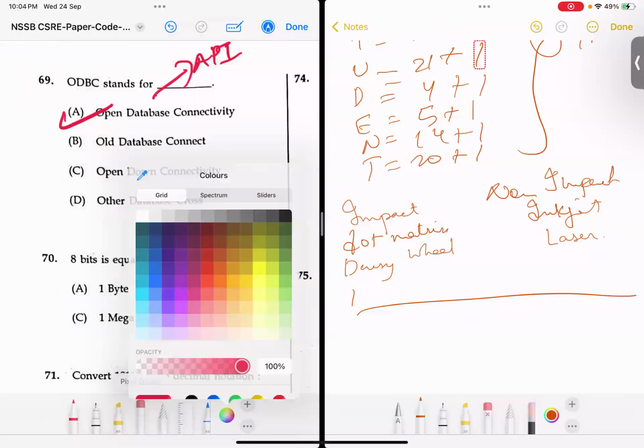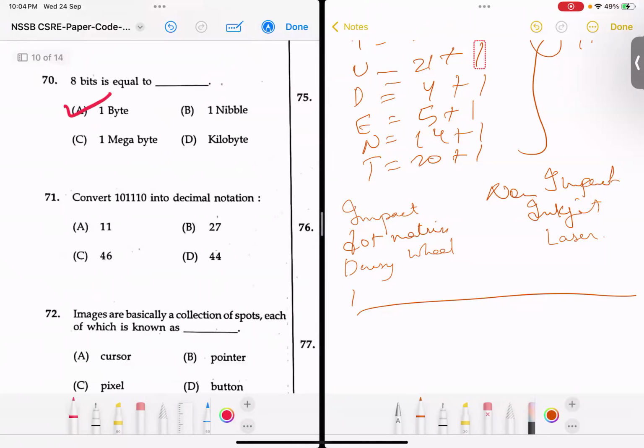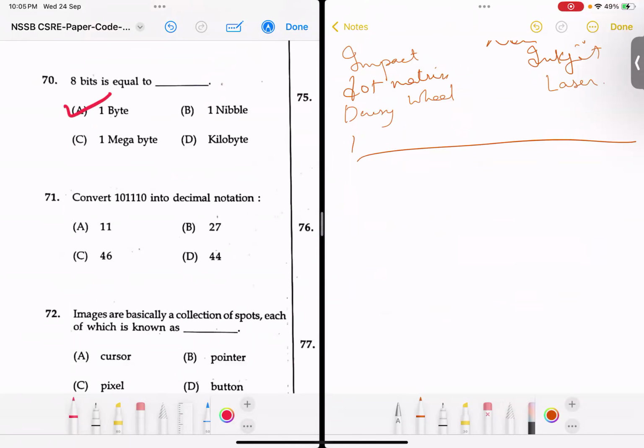8 bits is equal to 1 byte, as we all know. Convert 101100 into a decimal notation. Now this is simple. It will be 1 into 2^5 plus 0 into 2^4 plus 1 into 2^3 plus 1 into 2^2 plus 0 into 2^1 plus 0 into 2^0. We add the powers 0, 1, 2, 3, 4, 5.